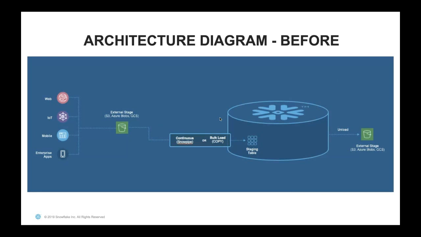So if you're familiar with Snowflake architecture, then you would be aware that in Snowflake you could load data using simple copy commands for bulk data loading, or Snowpipe already has a REST API interface, so that could be called to load data from any blob storages such as S3, Azure Blob, or Google Cloud Storage into Snowflake.